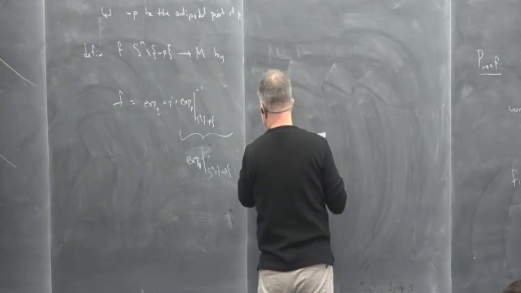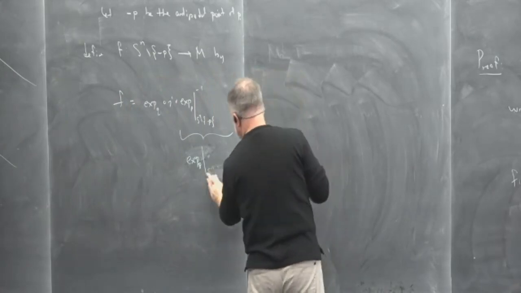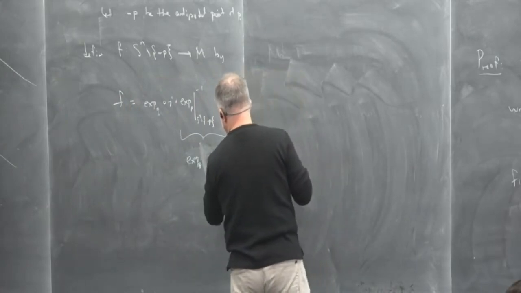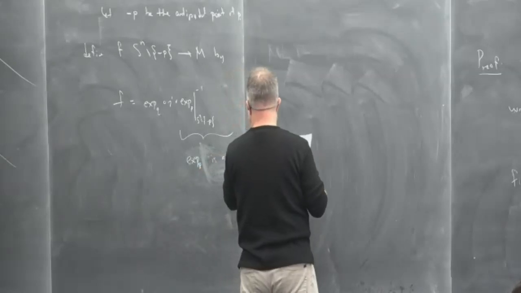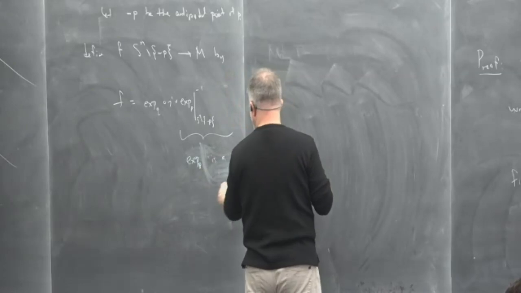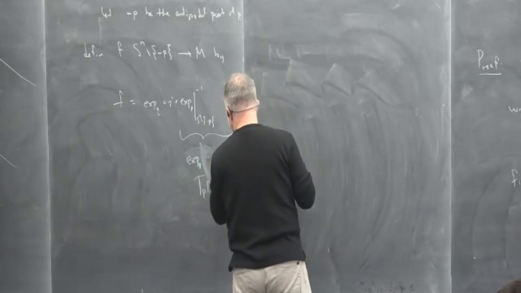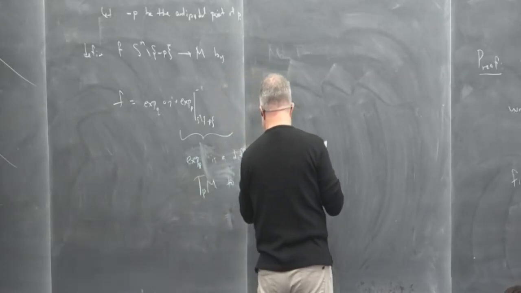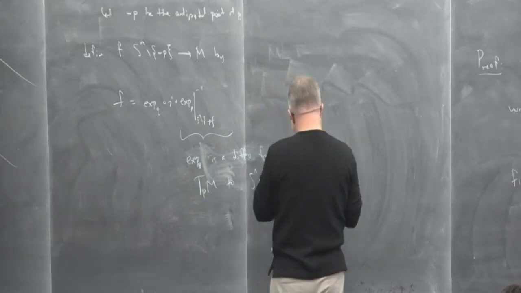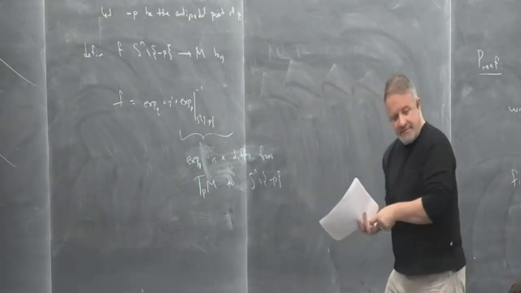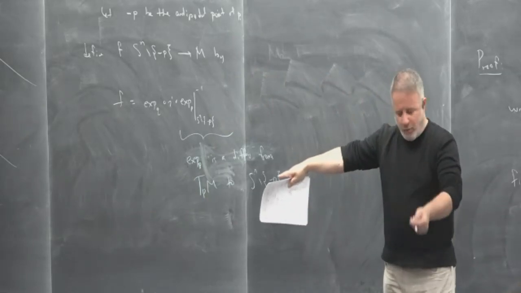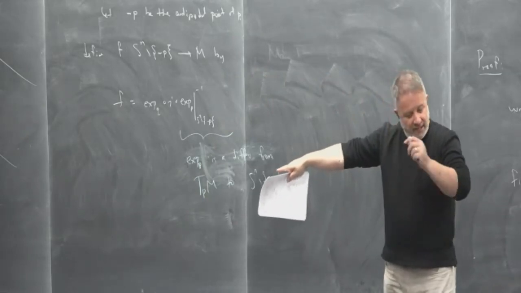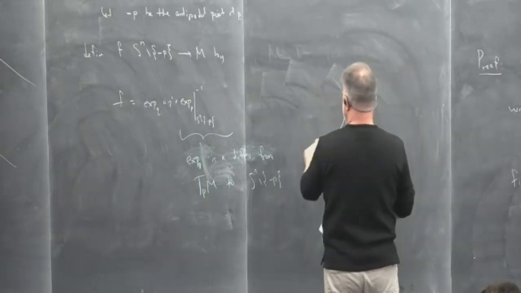Sorry, what am I doing? x_P is a diffeomorphism from T_P M to S^n minus the antipodal point. And that's because the exponential map is a diffeomorphism until you hit a conjugate point of a geodesic starting from P. I'll get your question in a second, Vincent.